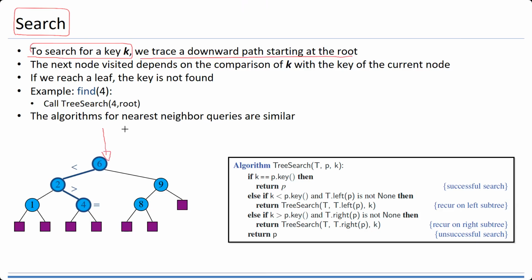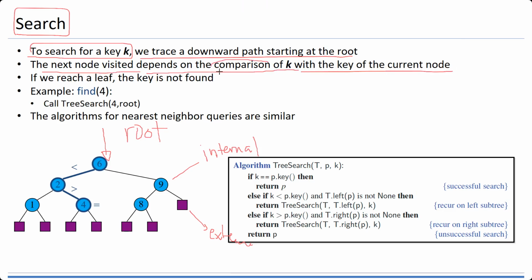So this is the root, and as you know, this is the internal node, and this is the external node. The next node visited depends on the comparison of K with the key of the current node.